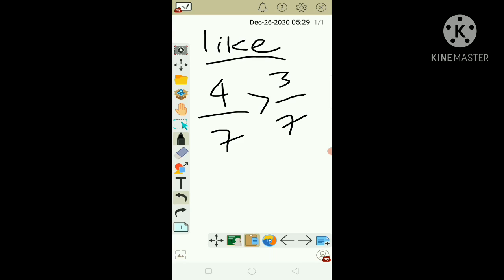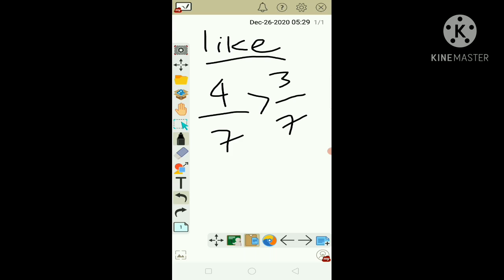So what does the rule say? The fraction with the greater numerator is greater for like fractions. First you have to find out the type of fractions, I told you. So I find it's a like fraction. If it is a like fraction, what's the rule? The fraction with the greater numerator, meaning whichever numerator is bigger, that is the greater fraction.